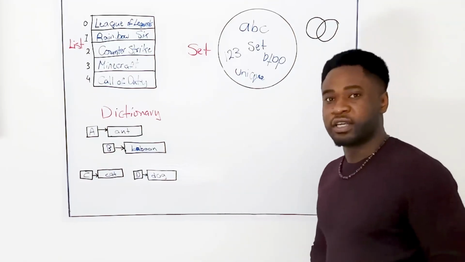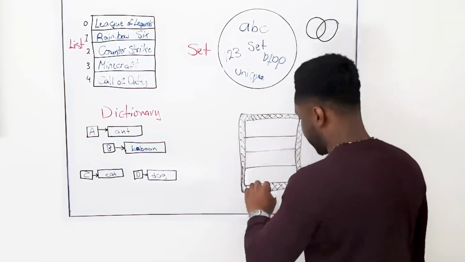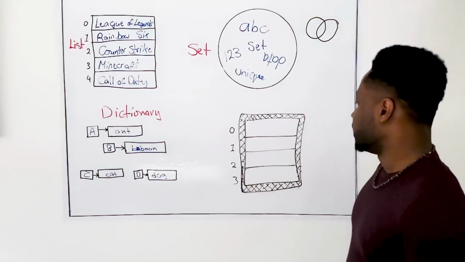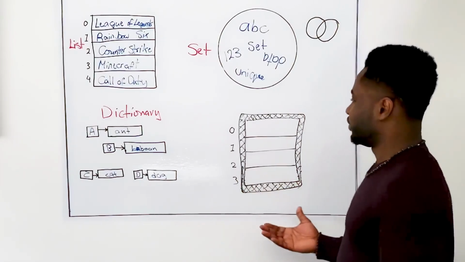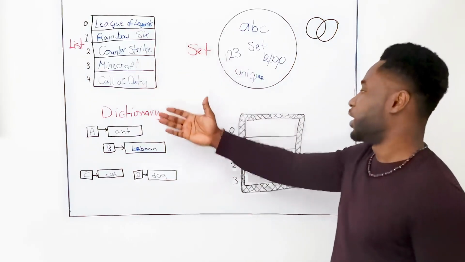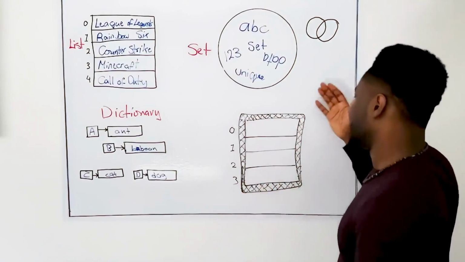So now let's move on to our next data structure, okay? And it looks a little bit like this. So this is our next data structure, and you're probably thinking to yourself, okay, well, this basically looks like a list. The only thing is that you just put some fancy border around this, okay? This is not just a fancy border.